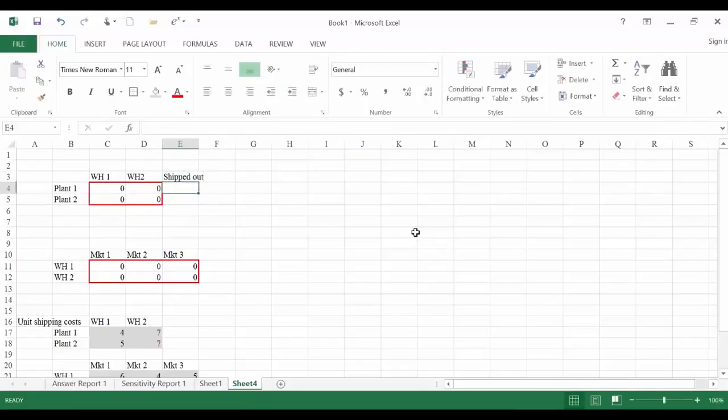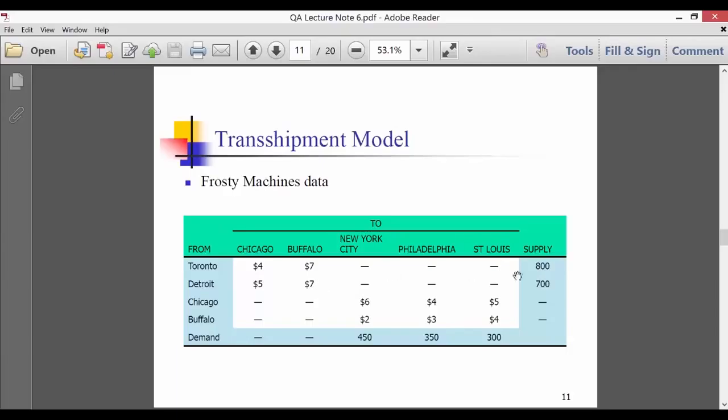The amount shipped out, simply the summation of the different variables in the same row here, should be less than or equal to the capacity of each manufacturing plant. So in our case, let's check that the capacities for Toronto and Detroit are 800 and 700.